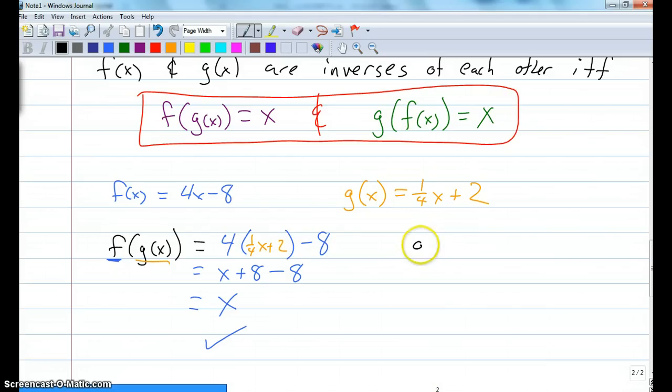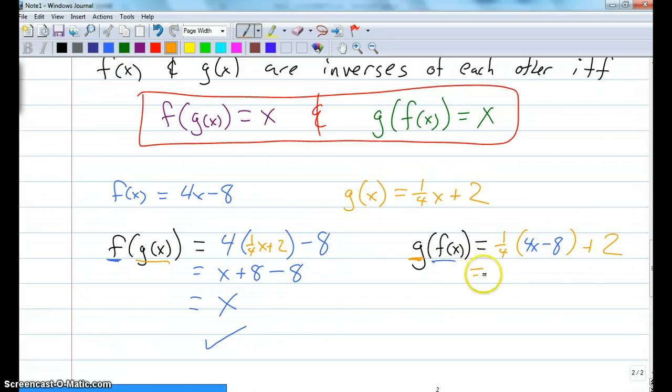But now we also got to do g of f of x. All right, now we're running with the g function here. So that's going to be 1/4 times something plus 2. Well, what's going in for x in this g function? We're putting in the f function, which is 4x minus 8.